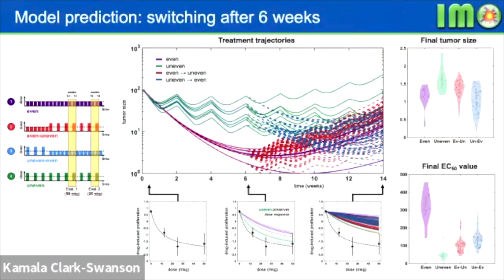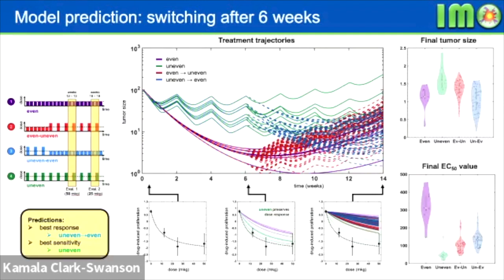So here's our model prediction that said, basically this blue treatment schedule where we start with the uneven intermittent dosing and then switch to even dosing later is predicted to be optimally balancing those two competing effects.